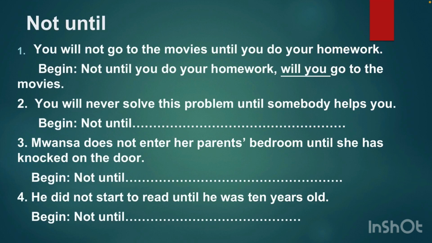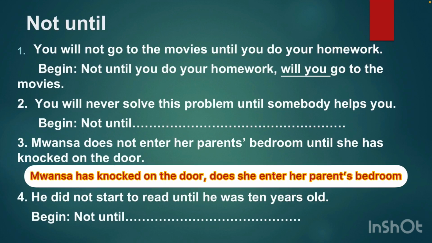So in this case, the subject has been mentioned. Who is what? Mwansa. So we are going to say not until Mwansa has knocked on the door. Have you seen? Not until Mwansa has knocked on the door, comma, does she enter her parents' bedroom. Does she enter her parents' bedroom?